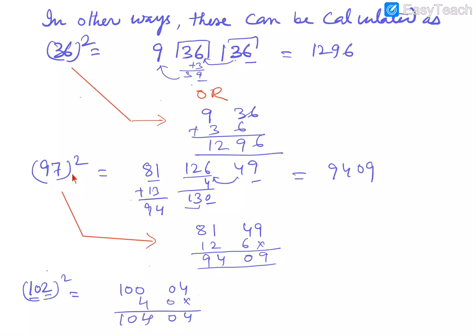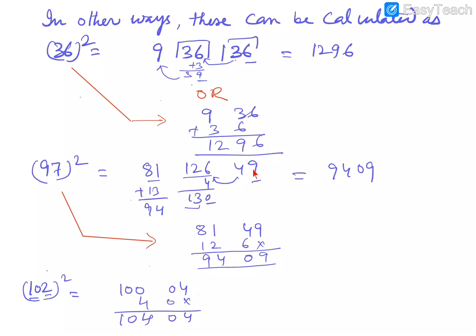Now square of 97, we have written square of 9 here. This is 2 times ab, that is 2 into 9 into 7, 126, and the square of 7 is 49. Now take the unit digit of these two numbers, leaving the last number.